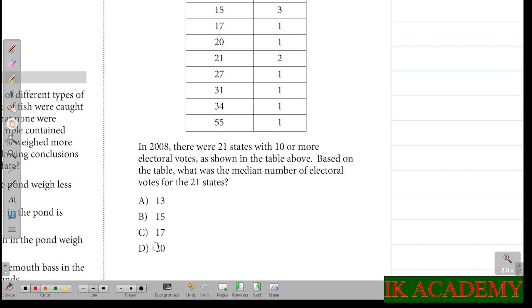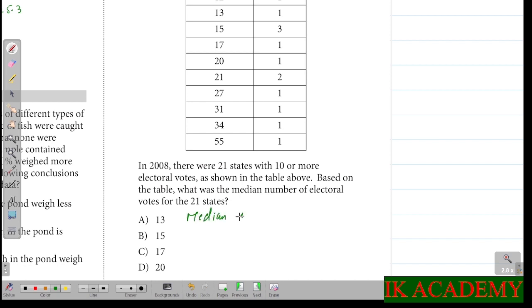The median is the middle value when the numbers are listed in ascending order. Median is the middle value if we arrange the data in ascending order.